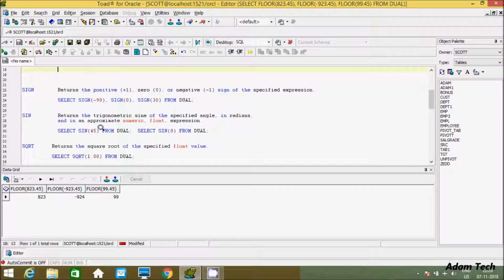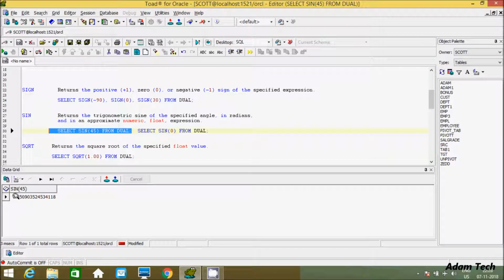I think sine 45 is 1 by root 2, so the value displayed is 0.85, and sine 0 is 0. Now let's check 90. Sine 90, I think the value displayed is 0.89 something.